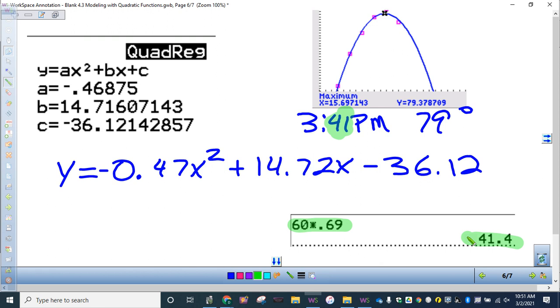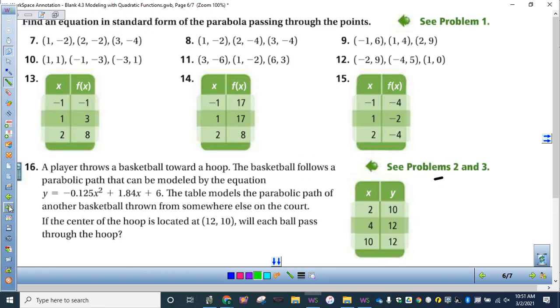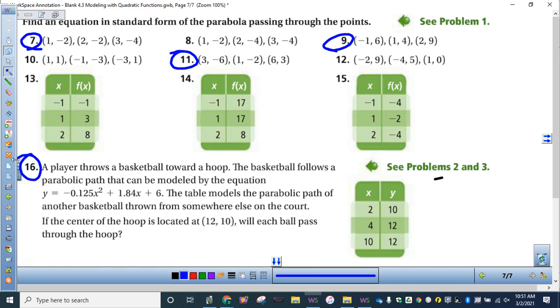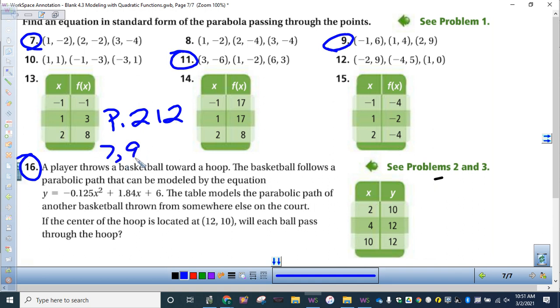Okay? So your homework is right here. Your homework is problem 7, 9, 11, 16, and 17. This is page 212. So your homework is 7, 9, 11, 16, and 17. Okay, bust a move on that.